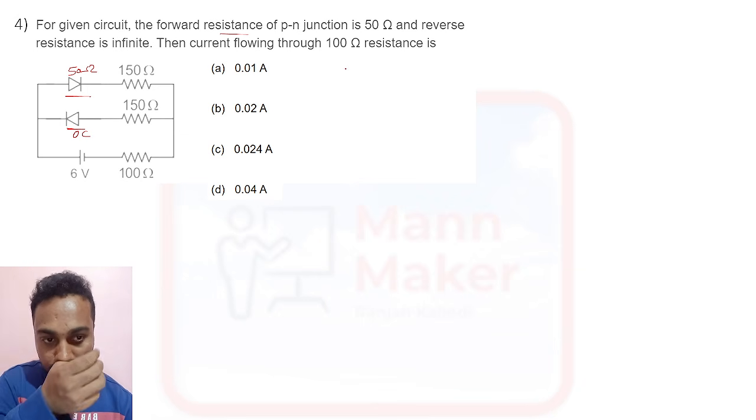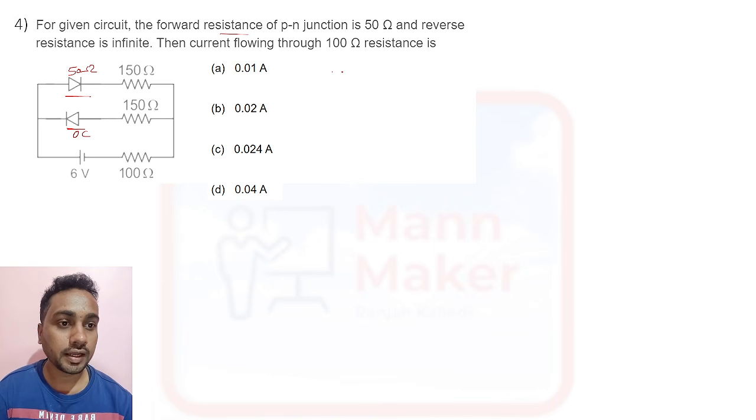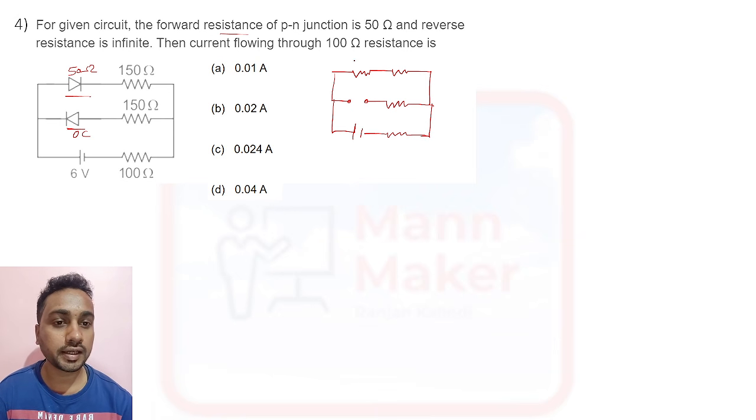So we can redraw this circuit like this. We change the diodes into resistances and make the circuit again. Infinity means open circuit. Here is a 6 volt battery and resistors: this is 50 ohm, this is 150 ohm, this is again 150 ohm, and this is 100 ohm.